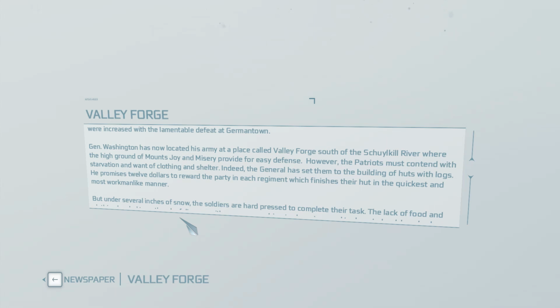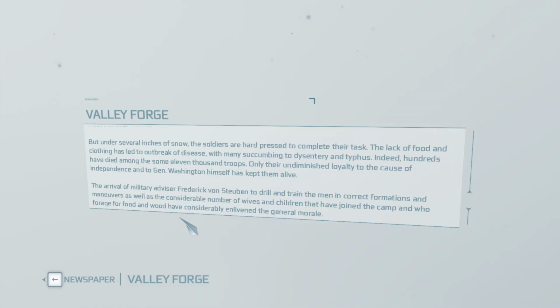Indeed, the general has set them to the building of huts with logs. He promises $12 to reward the party in each regiment which finishes their hut in the quickest and most workmanlike manner.